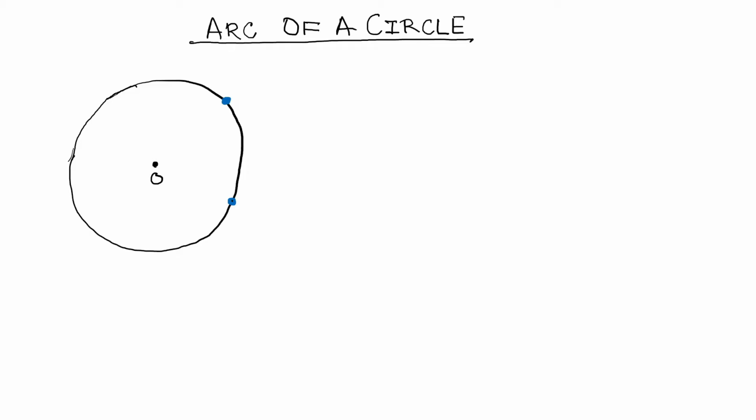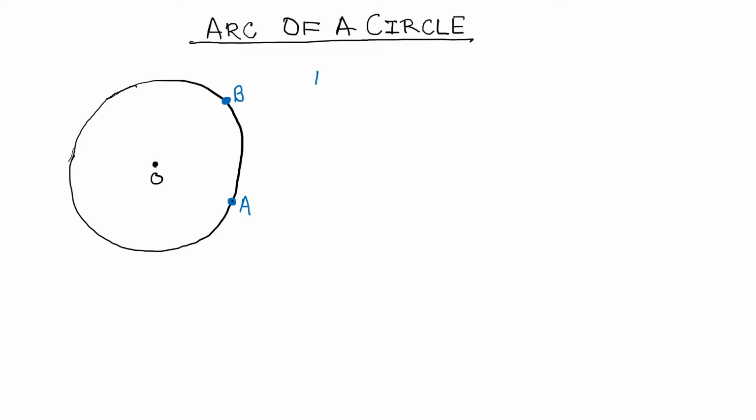For example, if I take this as point A, and the second point as B, AB is nothing but the arc or the length of the arc. So arc is nothing but the curved length lying on the boundary of the circle or the circumference of the circle. Once you have understood this, let us try and discuss this with the help of a few points.